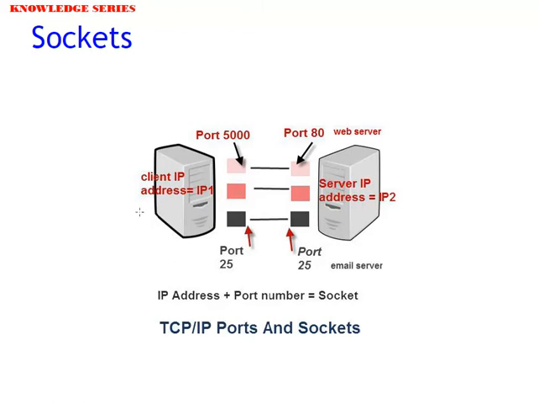Client is on one side, server is on the other side. The IP address of the client is IP1, and the server address is IP2. There is a common port, port 25. Port 5000 is for the client, and port 80 is for the web server with respect to the server.